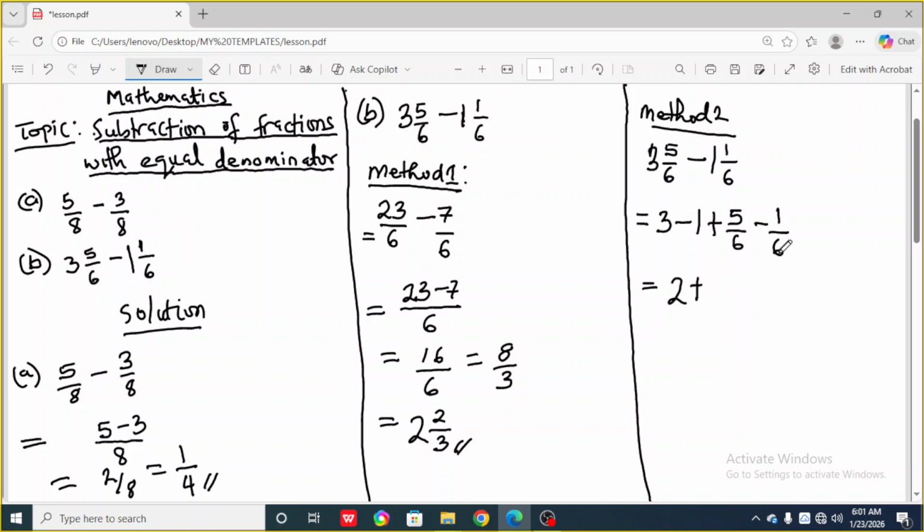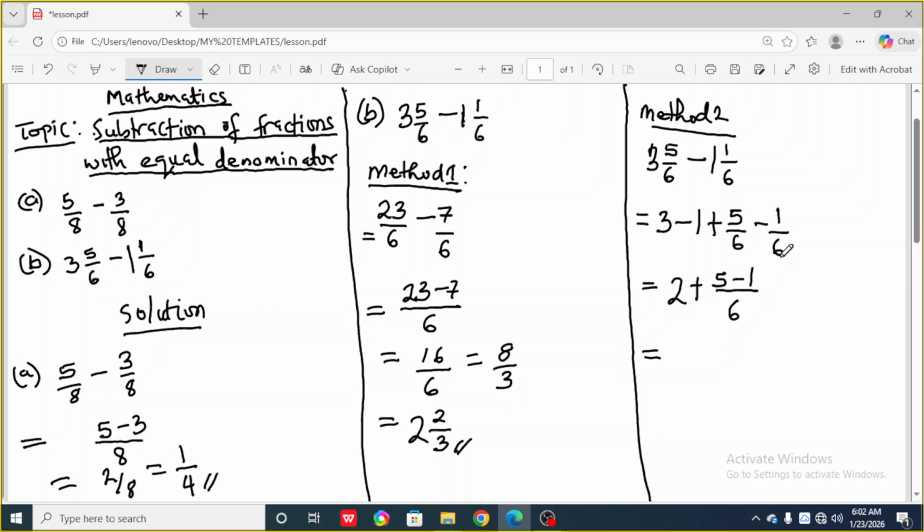Since these fractions have the same denominator, you choose 1 for both of them. You just take the 5 minus 1. After you have taken the common denominator, you just take the numerators the way they are. Remember, you can only do this when the denominators are the same.